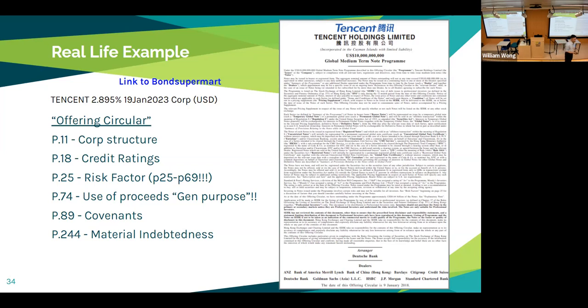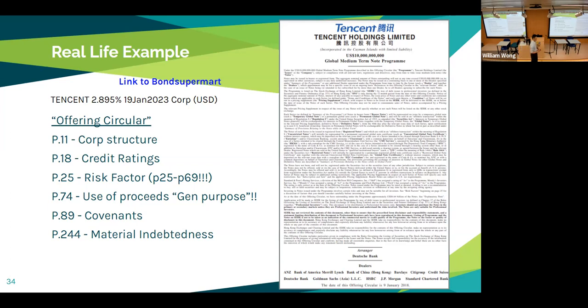Whenever a bond comes out, like an IPO, an initial public offering, in equities, the bond also has an initial public offering. They will always have something called an offering circular. It is a couple hundred pages, 300-400 pages. Even though it is that long, it has all the essential information you need about the company.